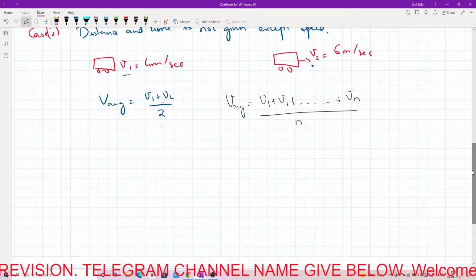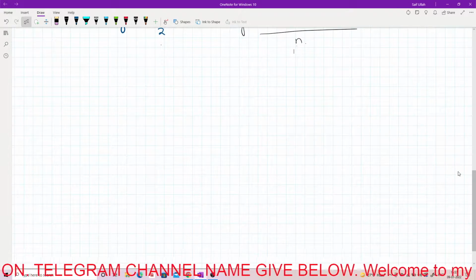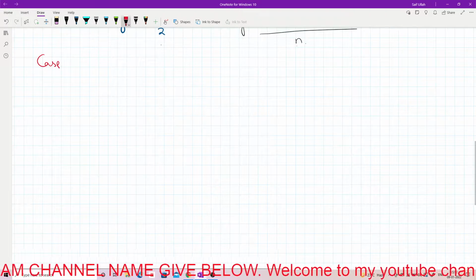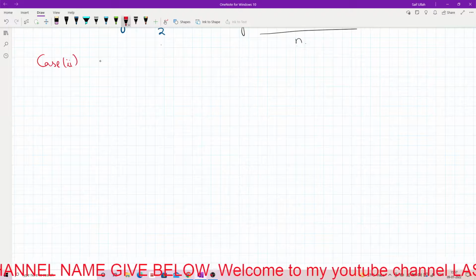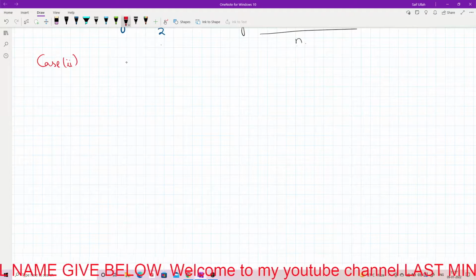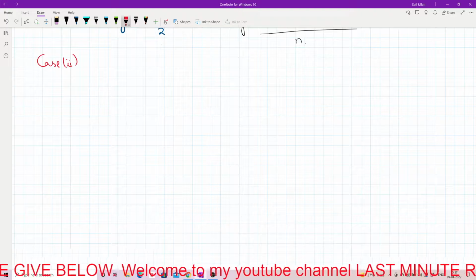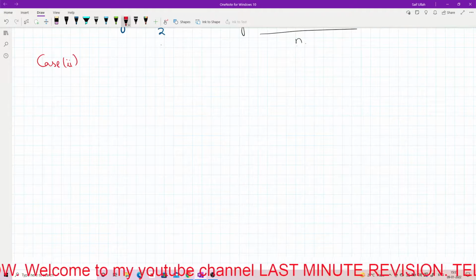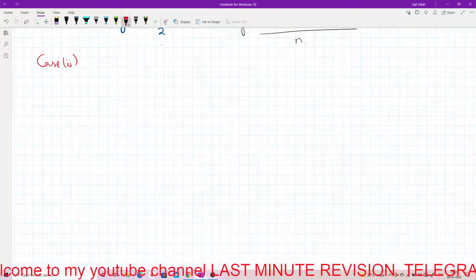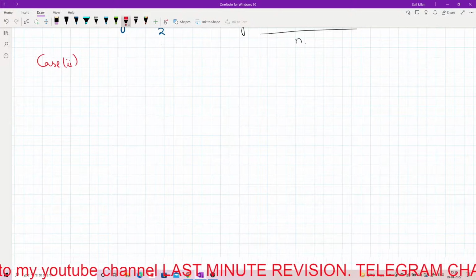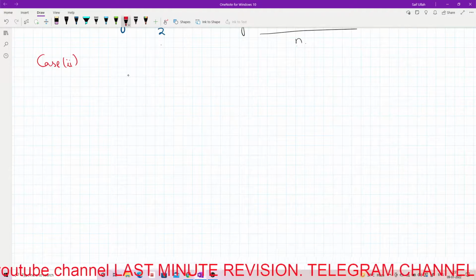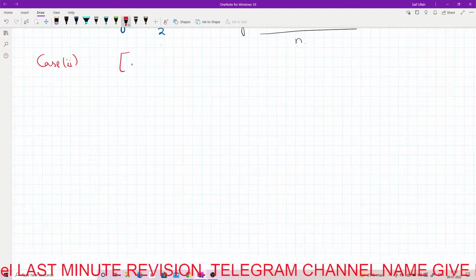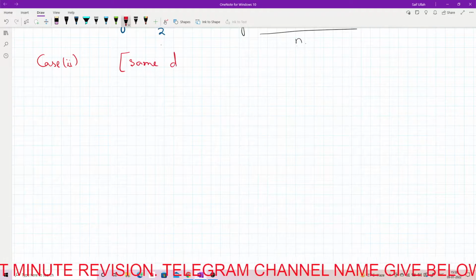Now let us see case 2. In case 2 you will see velocities as well as distance. You can see both the velocities and distance, but the distance here is the same distance.